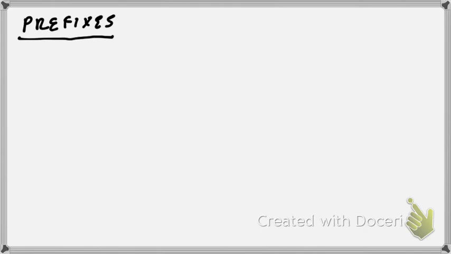So we need to know what milli means, what kilo means, what micro means. I'm giving you ahead of time some of the prefixes you might find on your MCAT or on practice questions when you start studying for it.